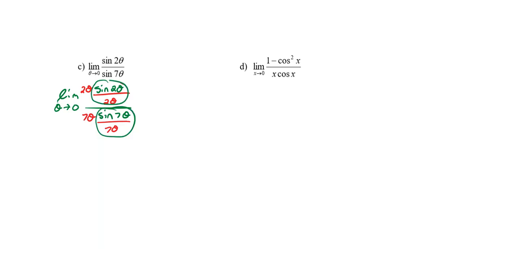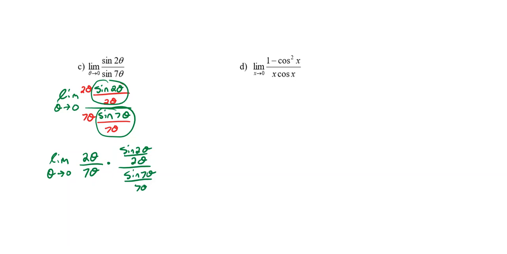All right, so now we'll write it again. The limit as theta approaches 0 of 2 theta over 7 theta, times sine 2 theta over 2 theta over sine 7 theta over 7 theta.